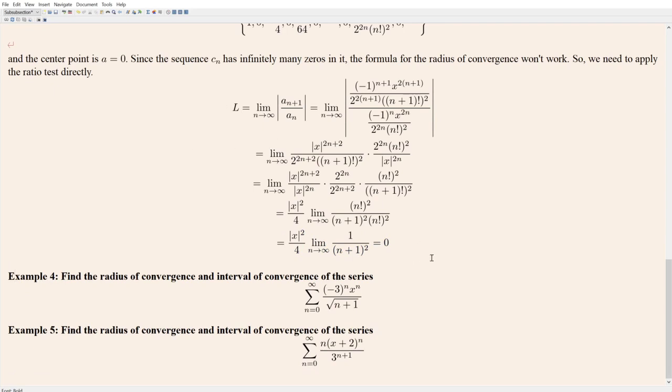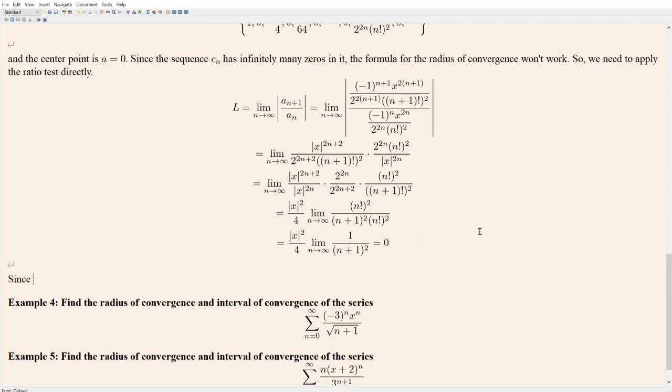So what's the conclusion of the ratio test? Well, the ratio test tells us that if L is less than 1, then it's guaranteed to converge absolutely. And notice that it doesn't have anything to do with the value of x. X can be whatever we want. Multiplying it by 0 is still going to yield 0.